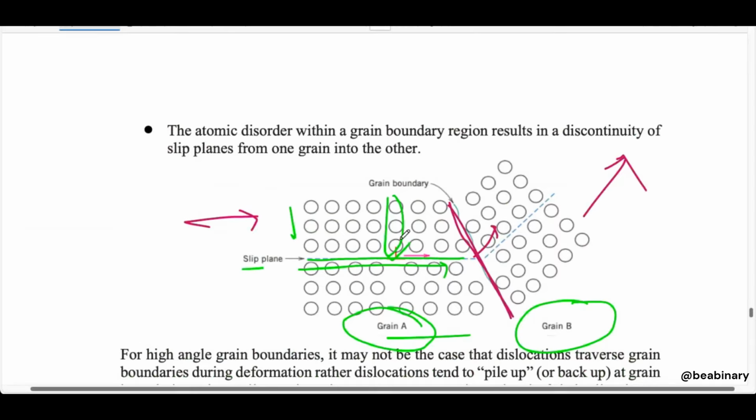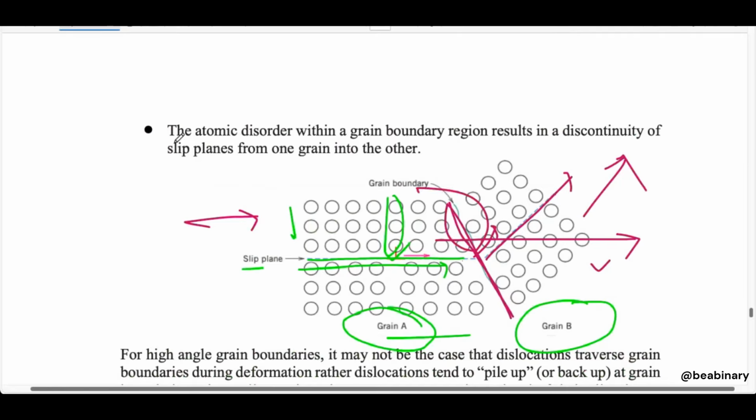For their movement, the alignment must be straight, as they were moving earlier. If they are in that fashion, they will move further. But here they are tilted a little bit, so they cannot move; they will stop at that particular boundary.